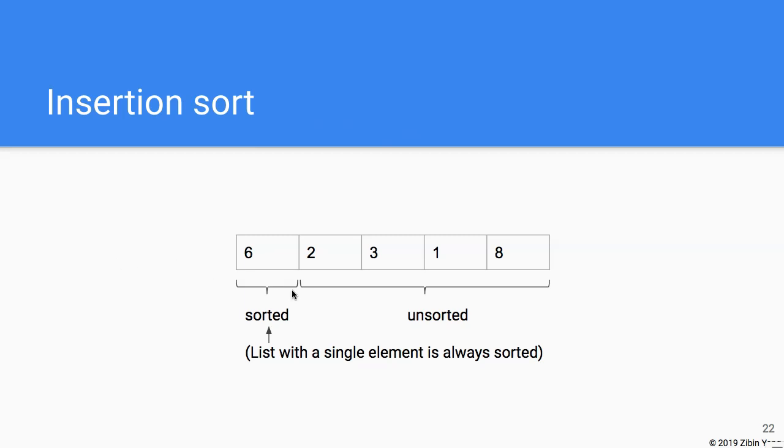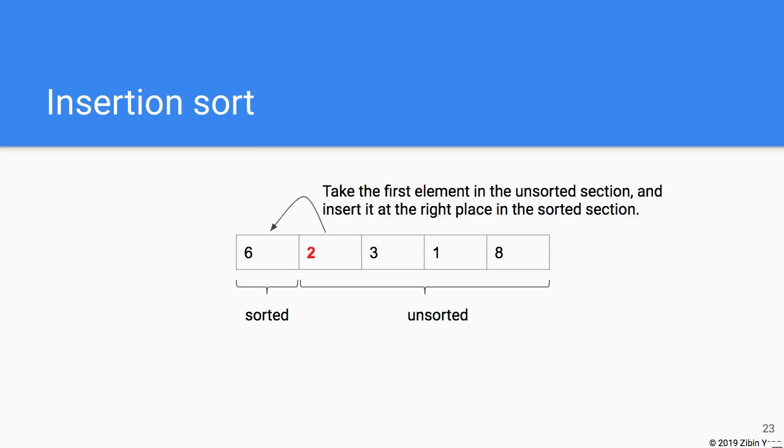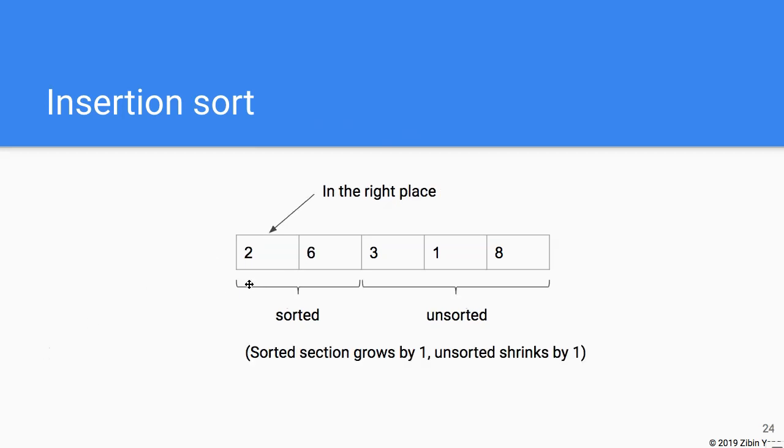Okay, and the next thing we do is we take the first element from the unsorted section of the list, 2, and we try to insert it into the right place in the sorted section. And we know 2 should come before 6, and that's what happens.